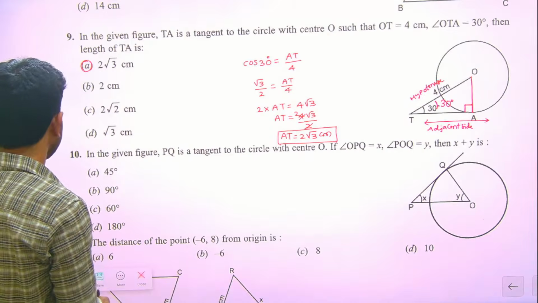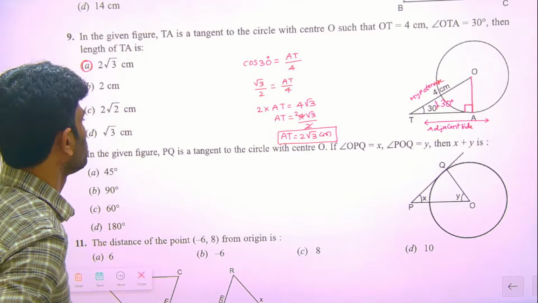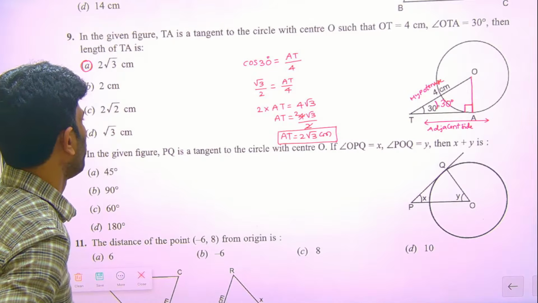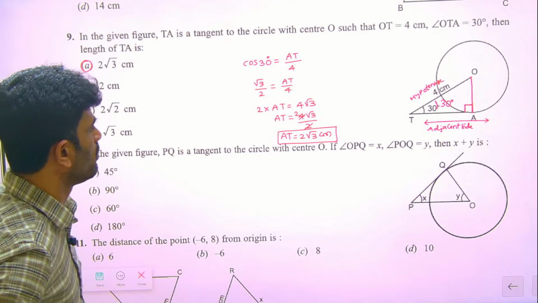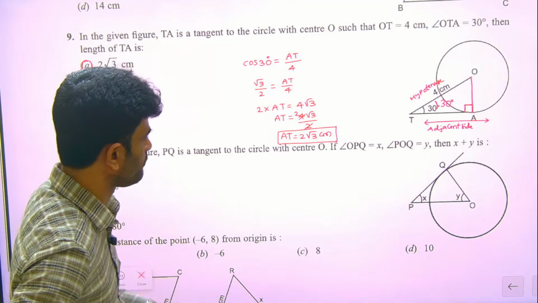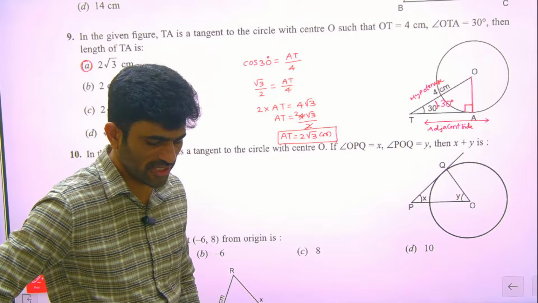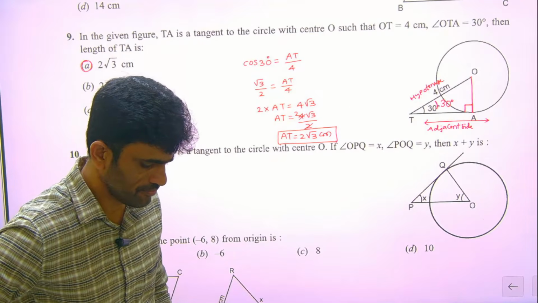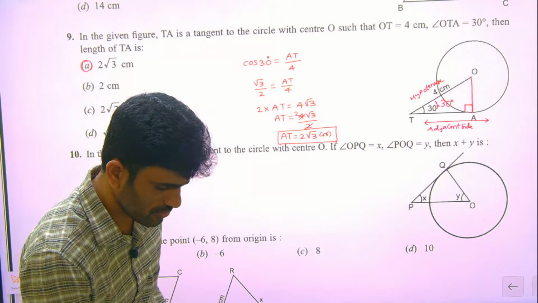Now try the 10th question once. The 10th question is also from circles. The 10th question is simple. They are asking to find the length of x plus y. Type your answer.